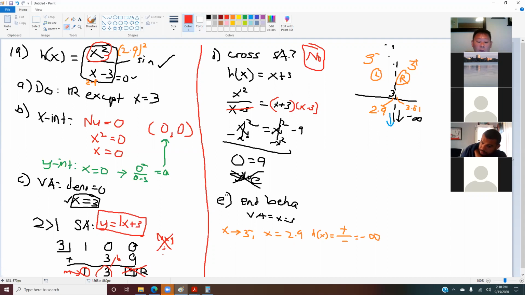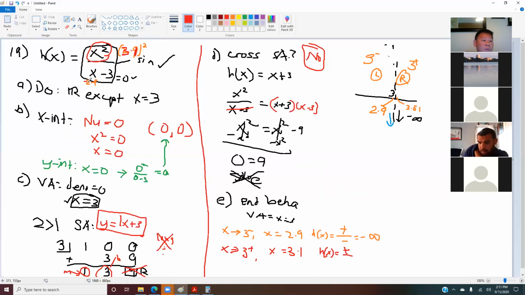Next, we're going to use x is 3 plus. What is 3 plus? 3 plus means it is on the right side. So I will use 3.1. Again, figure out, are they going to positive or negative infinity? So 3.1 squared is a positive number.